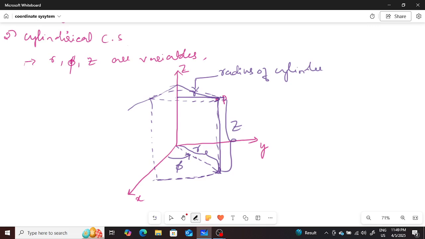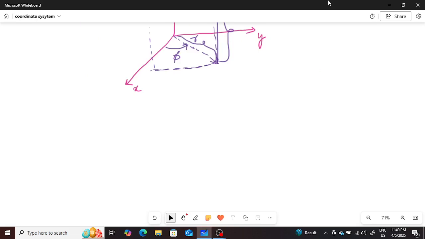Don't worry about the diagram. You just have to understand r, phi, z are the three coordinate points in the cylindrical coordinate system.